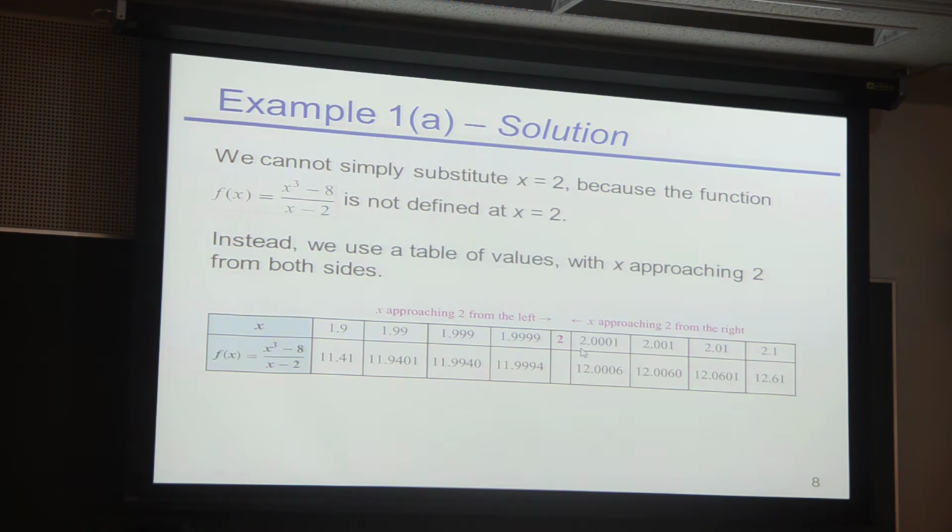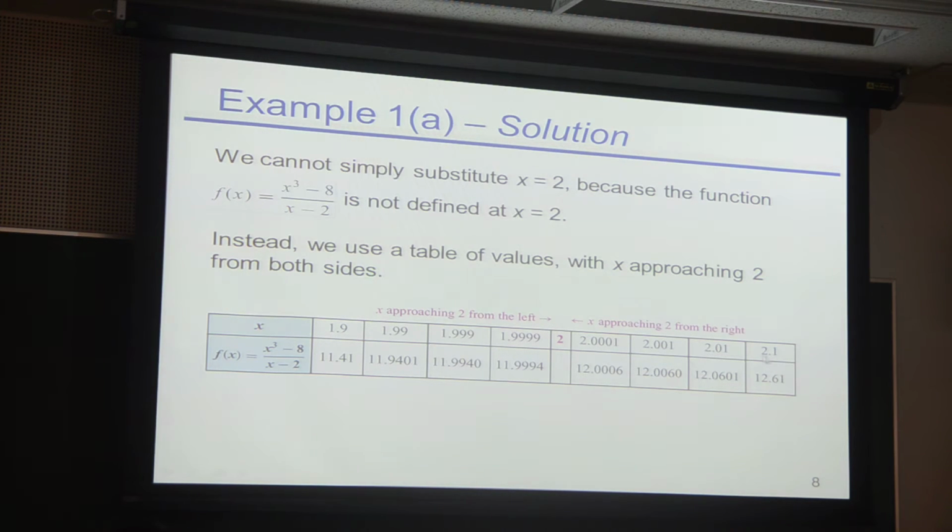They both have to give you 12 in order for us to say the limit is 12. Is that clear? If we got two different numbers, one from the left and one from the right, we'll say that the limit does not exist.